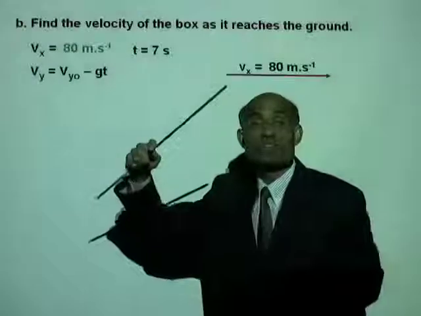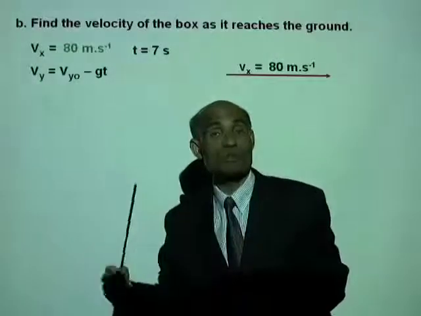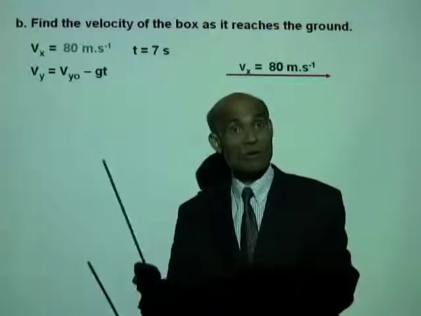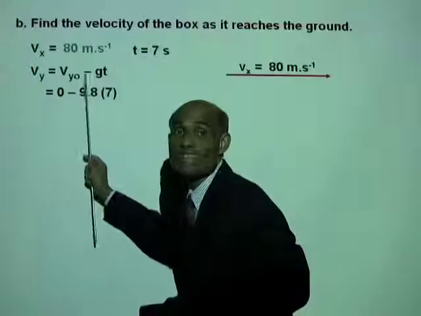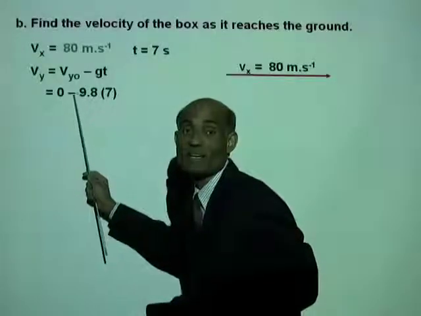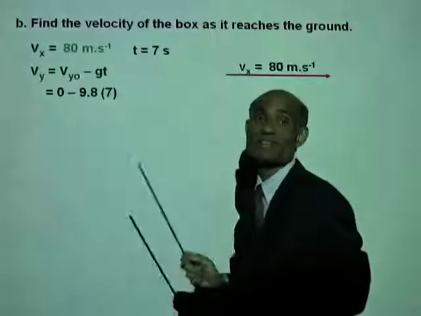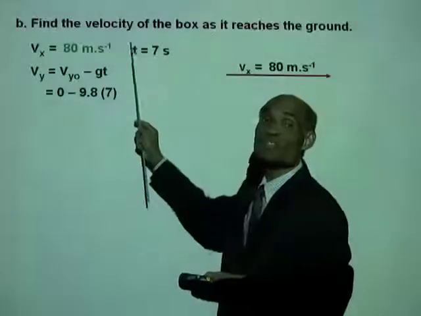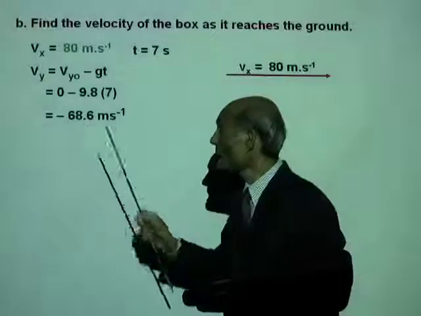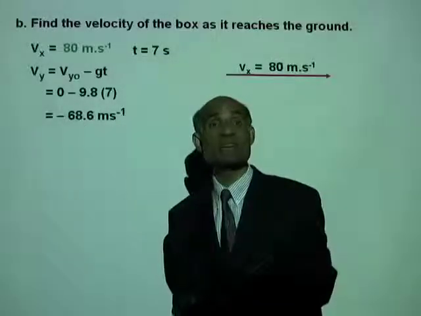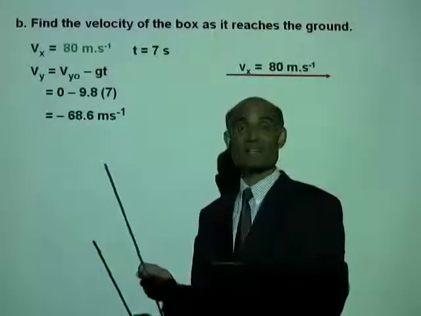What is the initial vertical velocity of the dropped box? It is 0. Therefore, Vy equal to negative gt, negative 9.8 times 7. We calculated the time taken by the box to fall. So that is negative 68.6 meters per second.